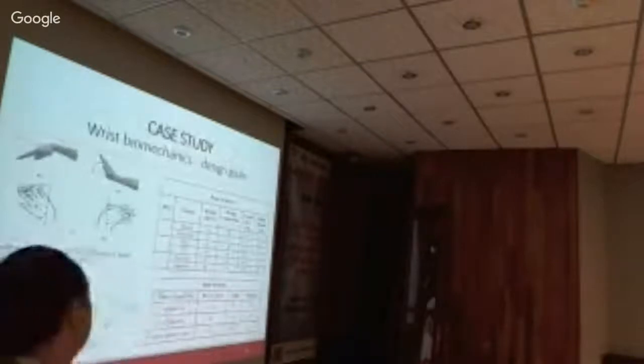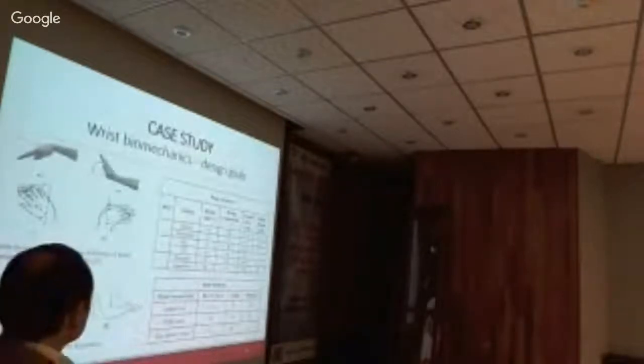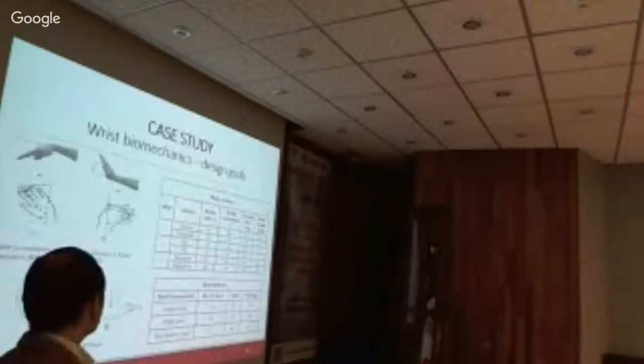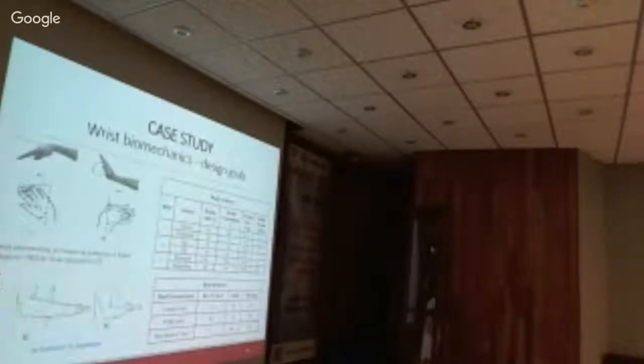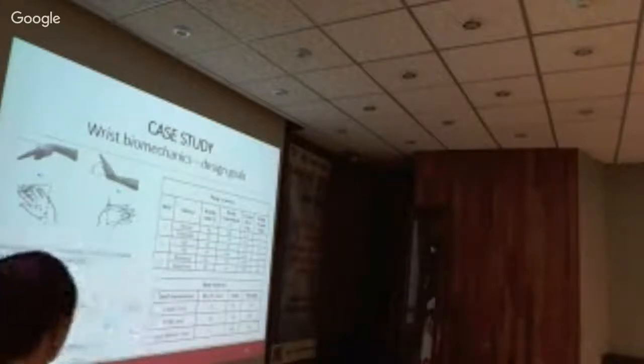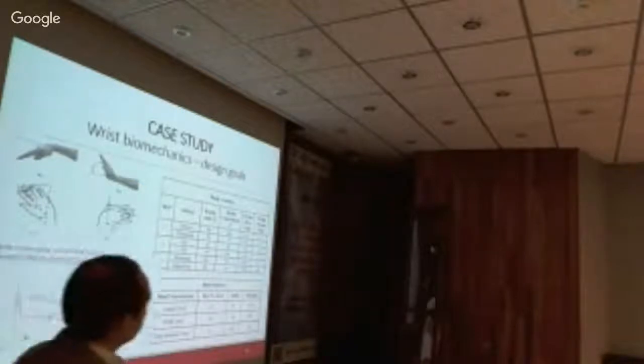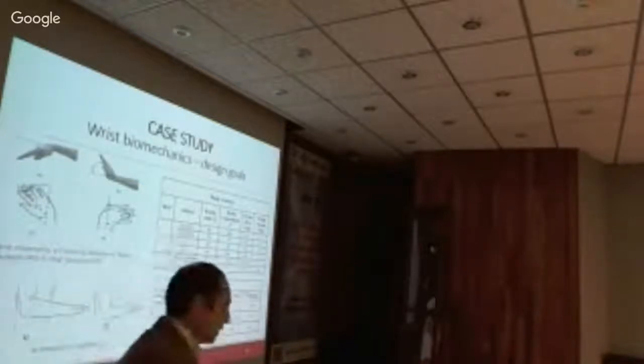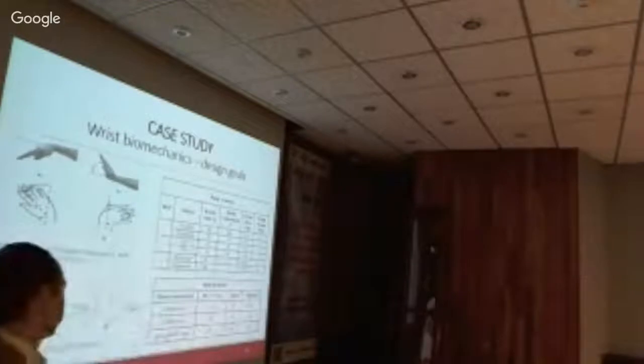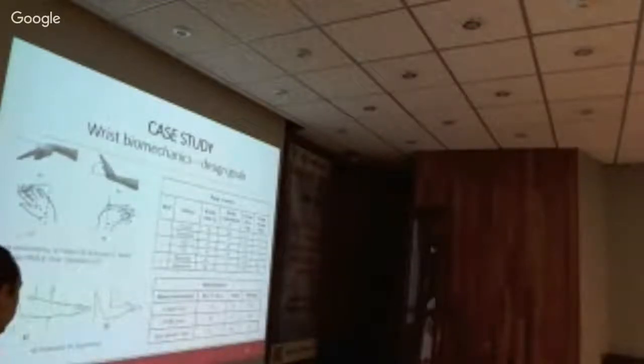We choose the wrist because the wrist is one of the most important joints, because it allows us to perform movements related with the daily living activities like writing, eating, and many others.